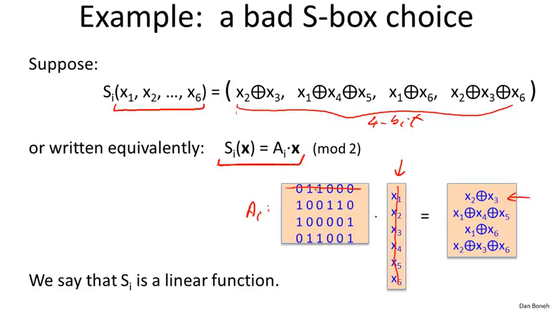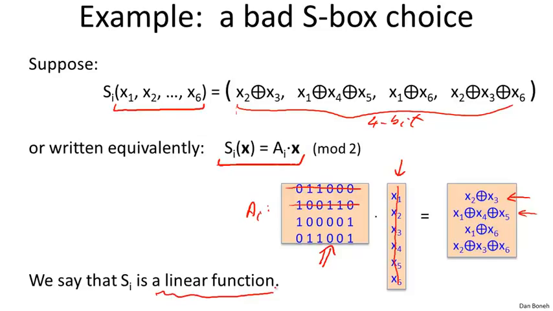Right, because only position 2 and position 3 have 1s in it. And similarly, the next inner product will produce x1 XOR x4, x4 XOR x5, and so on and so forth. Okay, so you can literally see that if the S boxes are implemented this way, then all they do is just apply the matrix A to the input vector x, which is why we say that in this case the S boxes are completely linear.